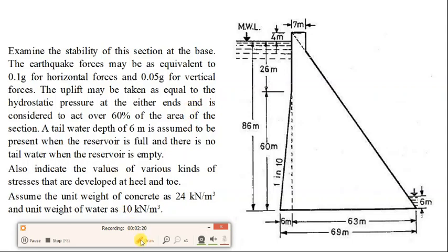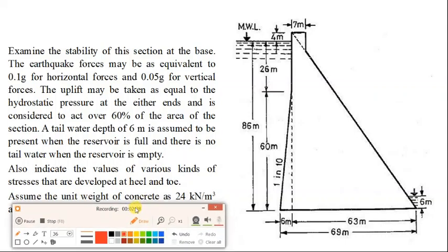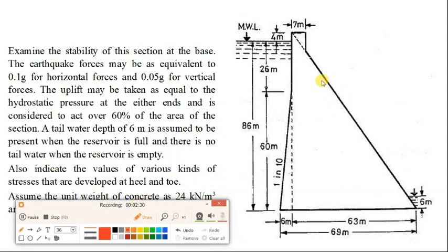In order to calculate the dead load, we have to divide this section into a number of regular shapes. Say divide this into a rectangle and triangles, so this is 1, this is 2, and this is say 3.